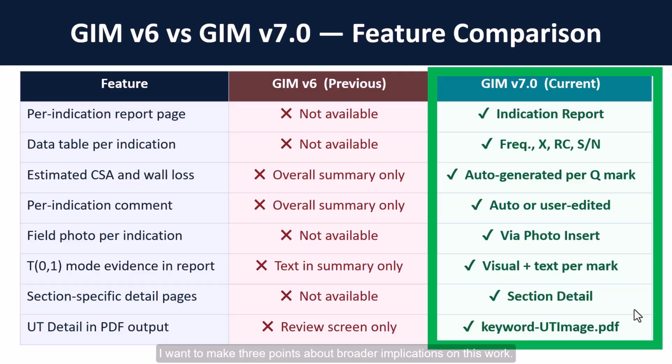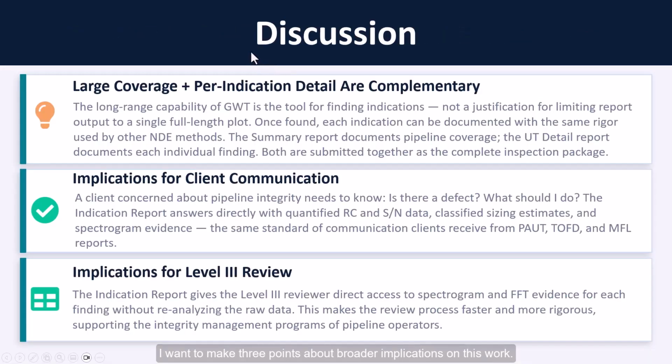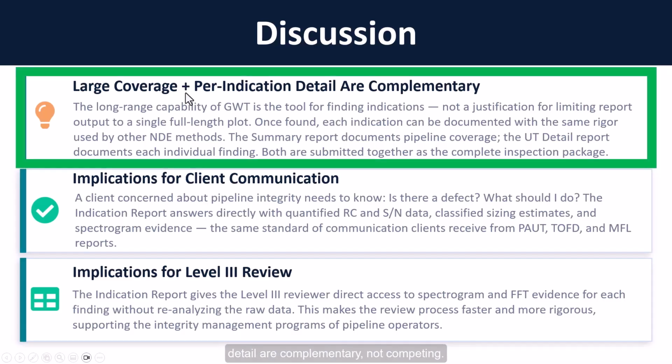I want to make 3 points about the broader implications of this work. First, large area coverage and per indication detail are complementary, not competing. The long-range capability of guided wave testing is the technical basis for finding indications efficiently.